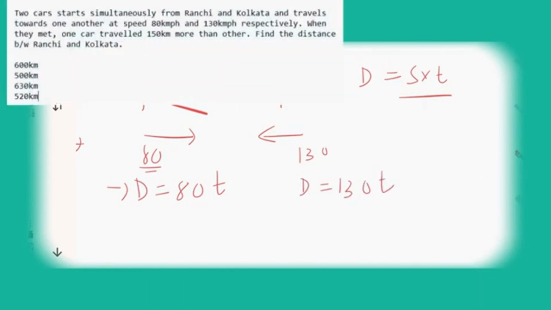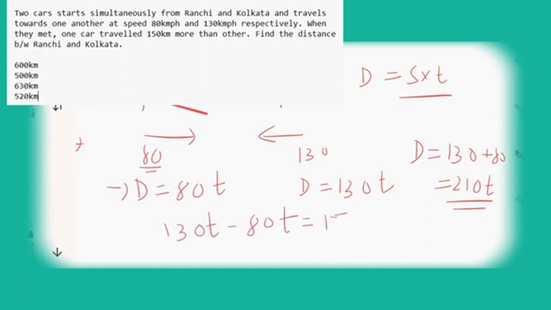So what is the total distance? The total distance will be 130 t plus 80 t, so this becomes 210 t, right? So the total distance between Ranchi and Kolkata is 210 t. As we got information from the question that one car traveled 150 kilometers more than the other, that means 130 t minus 80 t is equal to 150, right?